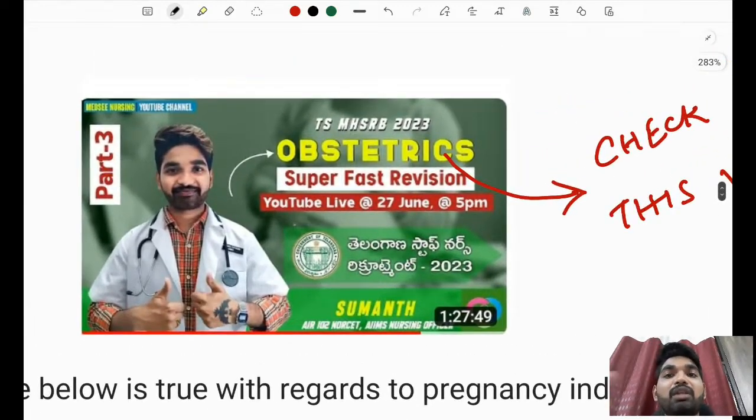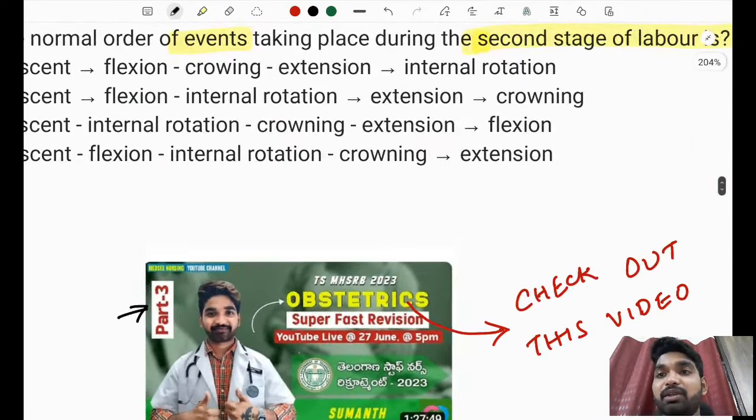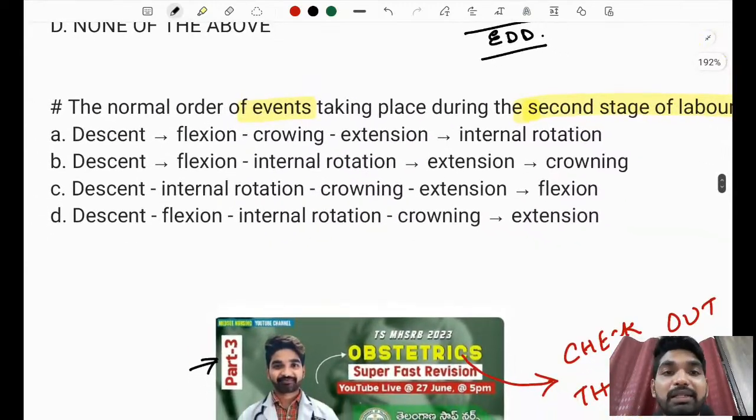In part 3, you can find the mechanism of labor. I have explained it clearly there. Go check out the video and go through the mechanism of labor there, so your doubts will get cleared. Okay. So yes, as you people said, option C is correct: descent, flexion, internal rotation, crowning and extension.